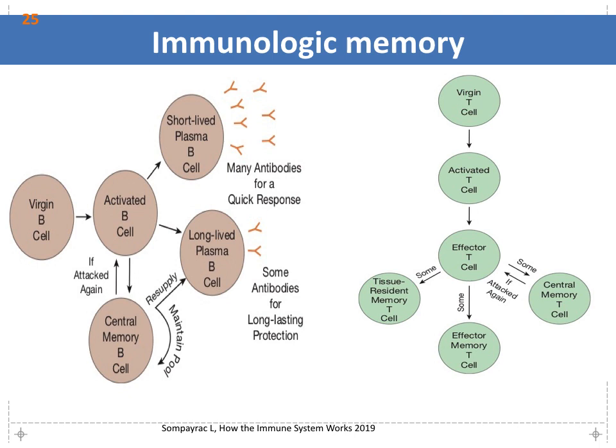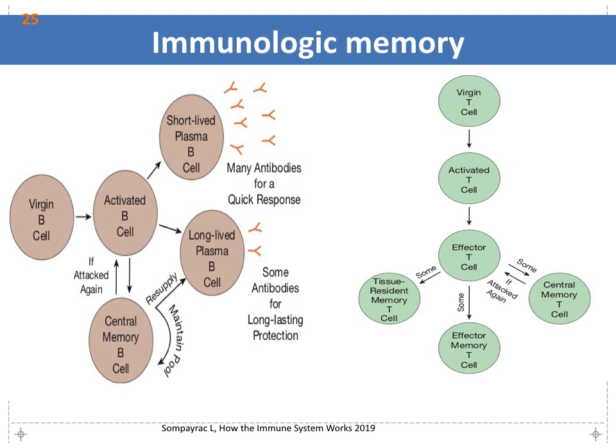The T cells, as I mentioned, you can have memory T cells. You have central memory T cells, effector memory T cells that quickly develop into effector T cells, and you have resident memory T cells that go to the various tissues, and when they encounter the antigen that they recognize initially, they eventually develop into effector cells.